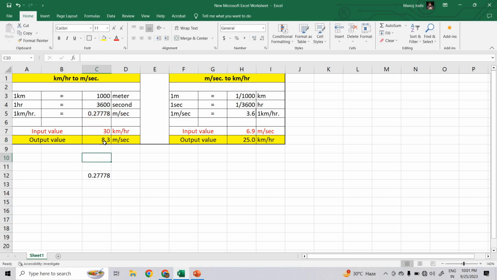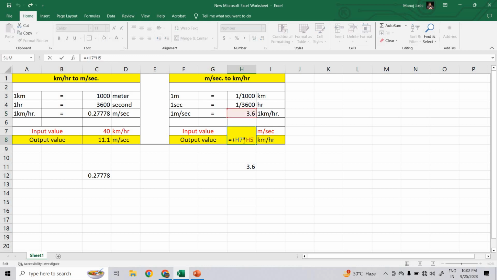That's fine. So simply what I have put here is 30, and let's suppose if I put here 40, 11.1 meter per second will be the value, right? The same will happen with meter per second to kilometer per hour. As we have seen in our formula, 18 divided by 5, so it was 3.6. So the same conversion we are getting when we divide both the values, right?